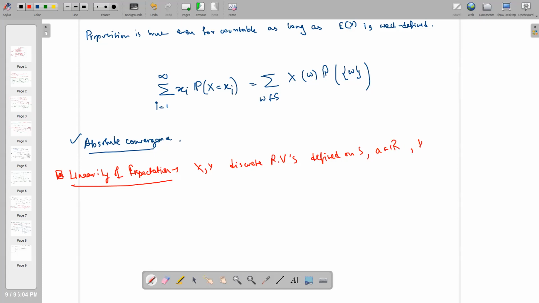Then, the first thing is expectation of X plus Y is equal to expectation of X plus expectation of Y, that I had written earlier.